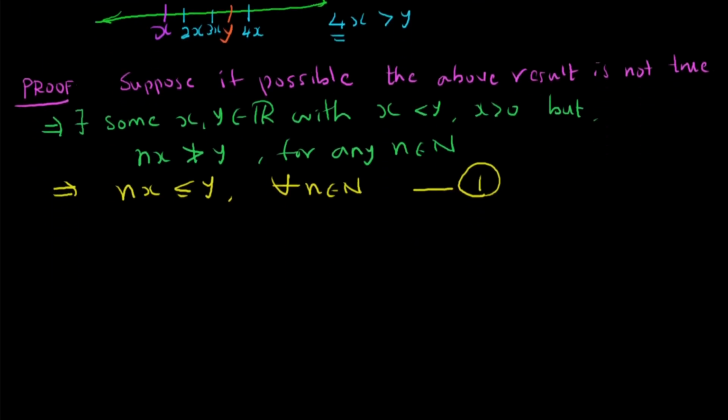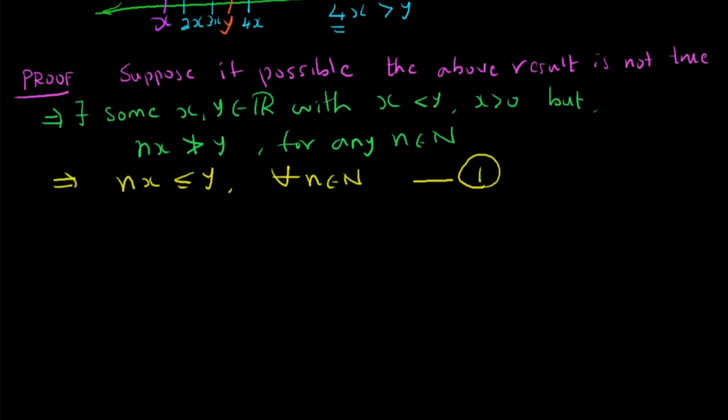So from this, what I am going to do next is define a new set and call it S, like this. So define a set S equal to the set of all numbers of the form nx. So I am collecting all the nx for different values of n.